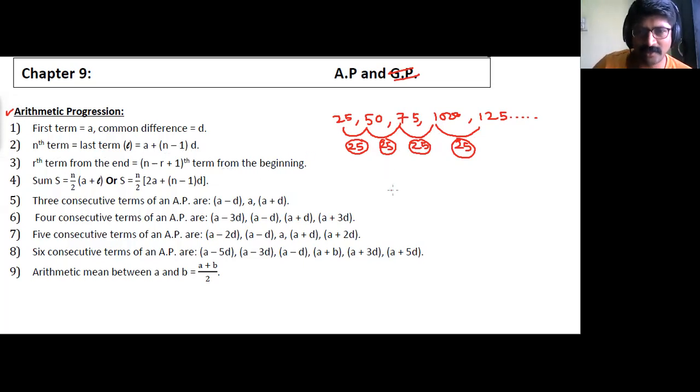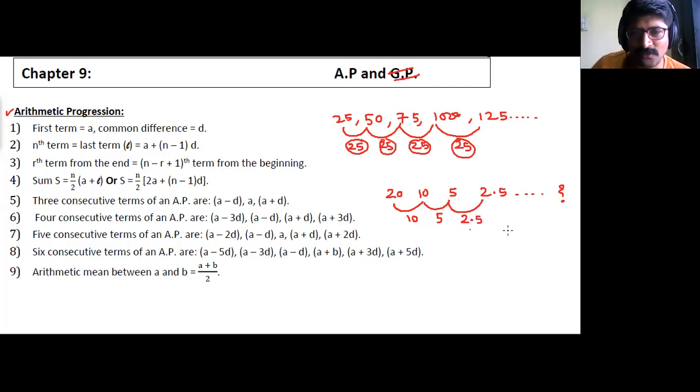Okay, let me give you another example. Let's say 20, then 10, then 5, then 2.5. So is this an arithmetic progression? It's a question. Is this an arithmetic progression? So the answer comes no. Why does the answer come no? Because over here the difference is 10, here the difference is 5, and here the difference is 2.5.